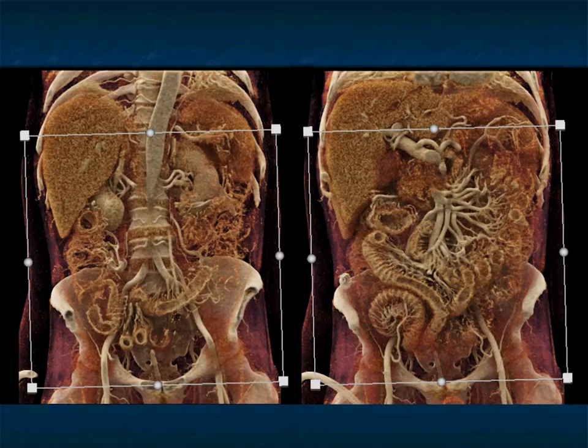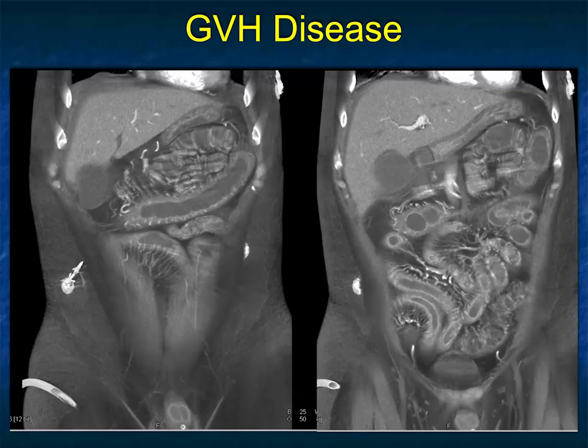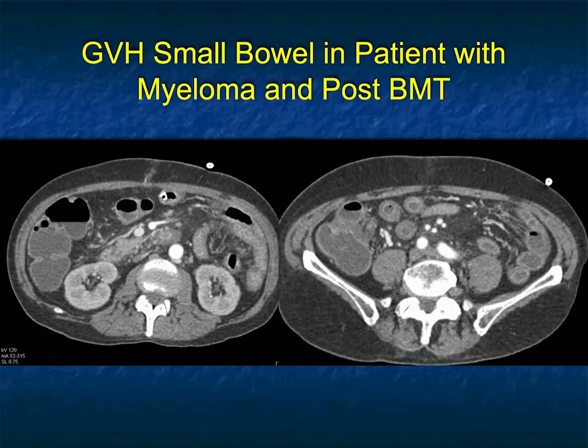So ischemia is unlikely, but very long segments of small bowel are involved and very impressively involved. And when I see extensive involvement like this, when the clinical history says bone marrow transplant, I'm going to worry about graft versus host disease, which indeed this was.